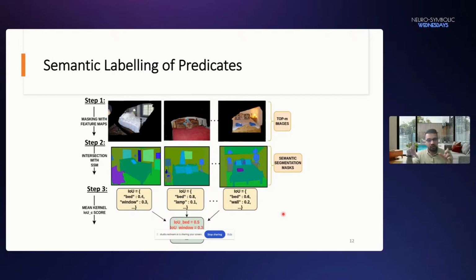Now, this requires us to have access to semantic segmentation masks, but semantic segmentation masks are not that difficult to get, because there are foundation models, not always open source, that can give you the semantic segmentation masks for a couple of images.